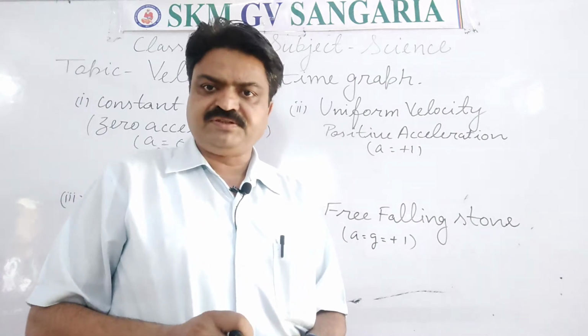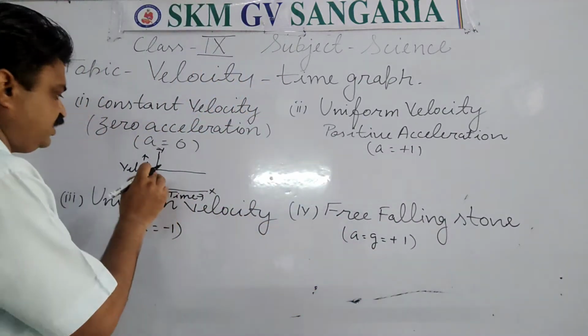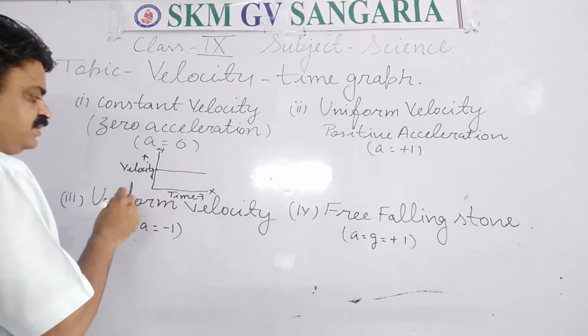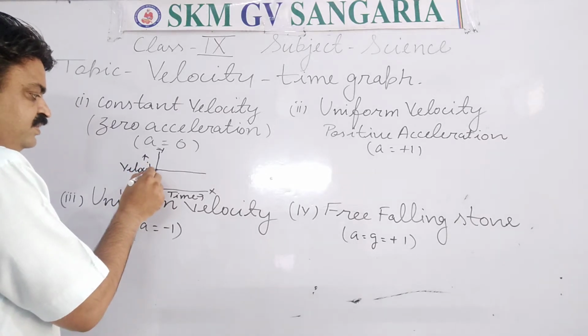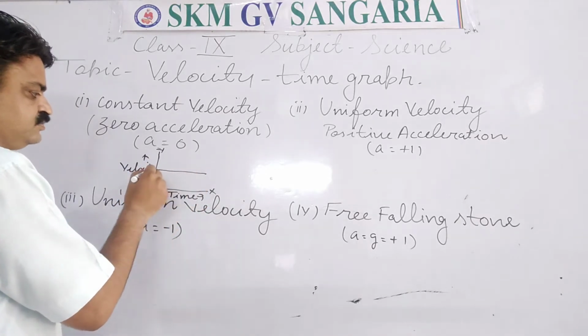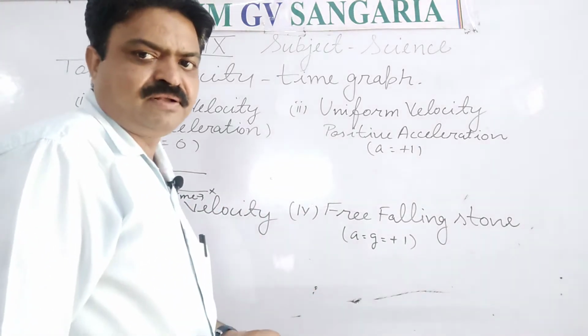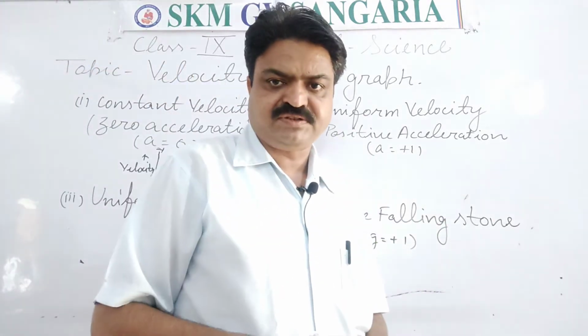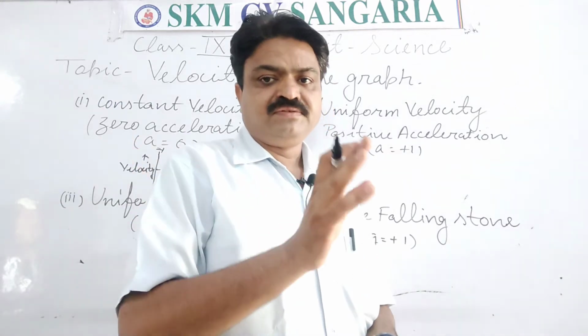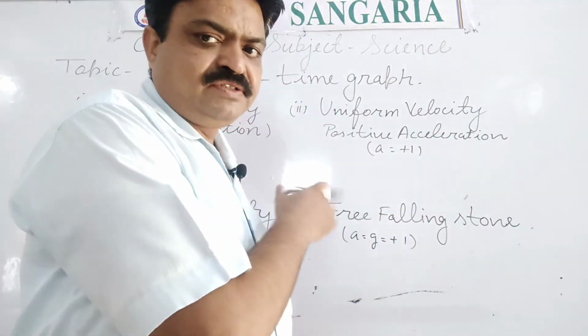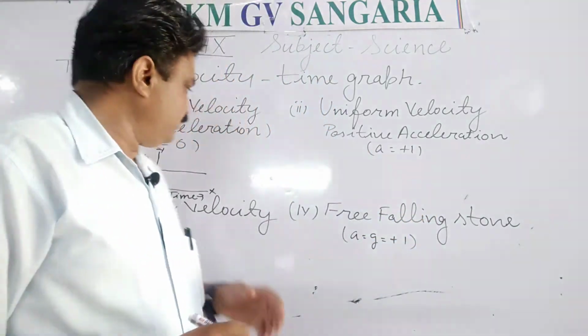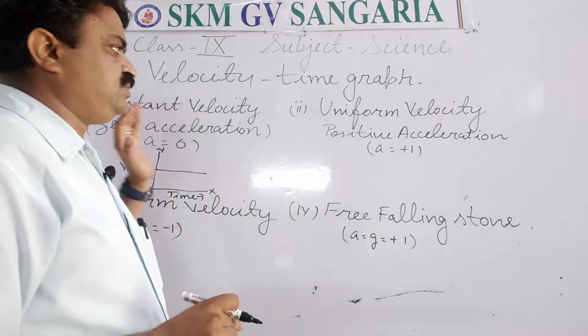Why will it be 0? Because here the initial velocity is equal to the final velocity. It may be 20 meters per second, 30 meters per second, or 40 meters per second, but it is the same and is not changing. That's why here the acceleration is 0.